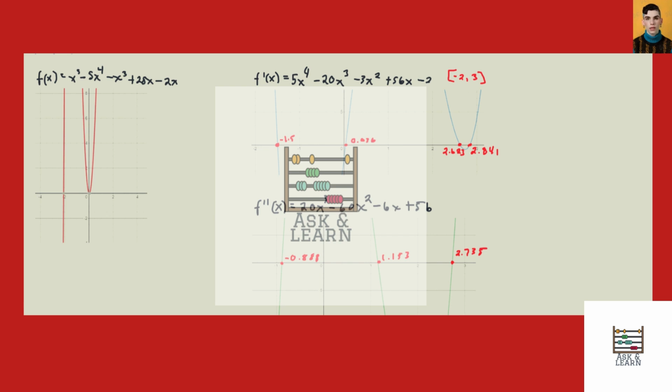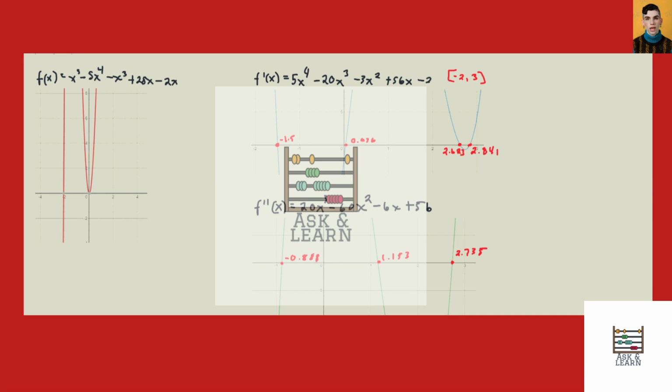So when I take the first derivative, since we're interested in where the function is increasing and decreasing, all we really care about is where all the intercepts are. So I zoomed out far enough so I can see all of the intercepts. And since this is a fourth degree polynomial, and it has 1, 2, 3, 4 intercepts here, we know this is all we really care about.